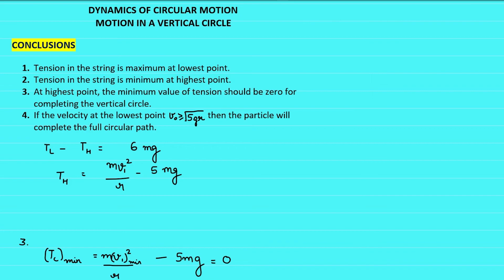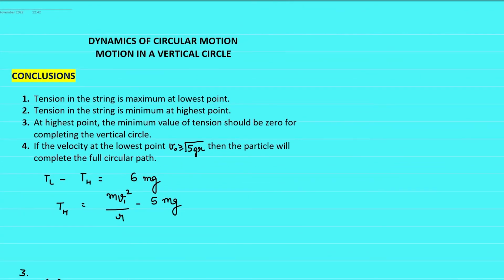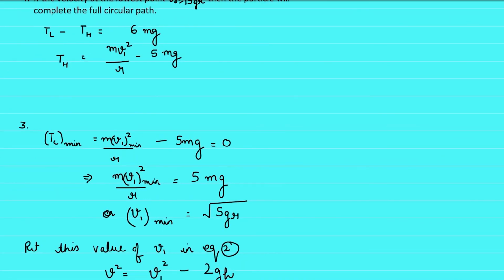Negative tension means the string will slack and the particle will fall down before completing its circular path. So we can say that the minimum value of tension for completing the vertical circle should be 0 at the highest point. So if you put this minimum value as 0, what do we get?